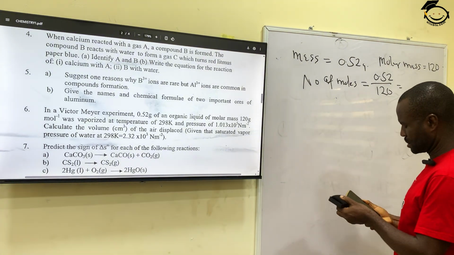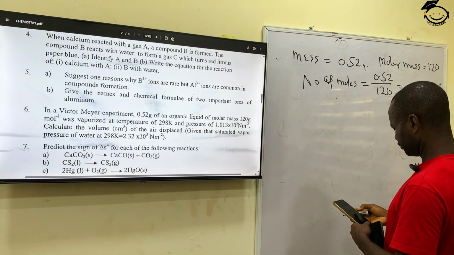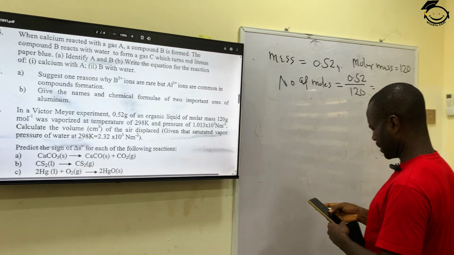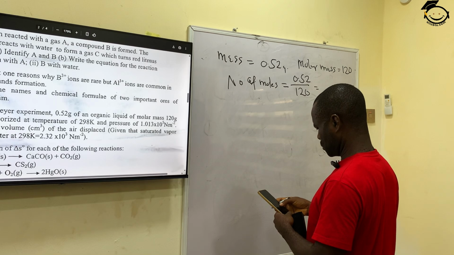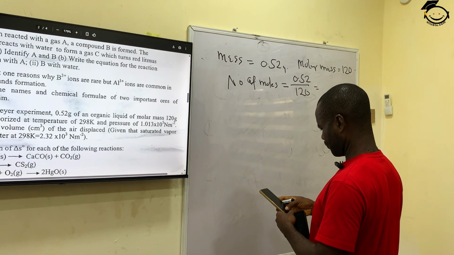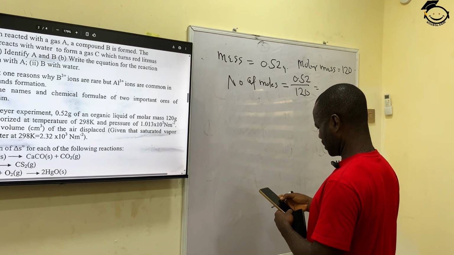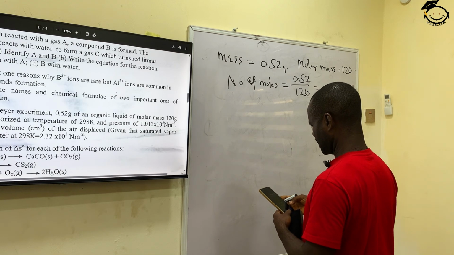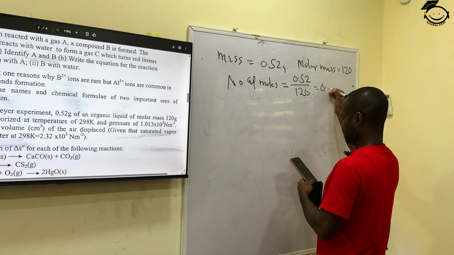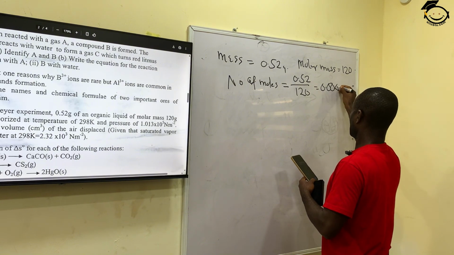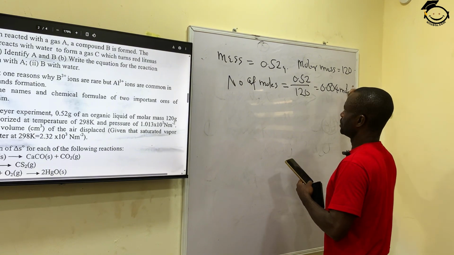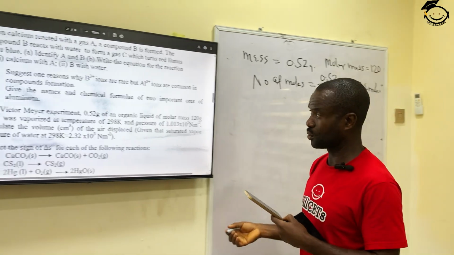Let me use the calculator: 0.52 divided by 120. This gives us 0.004 mole. So this is the number of moles of the unknown substance.